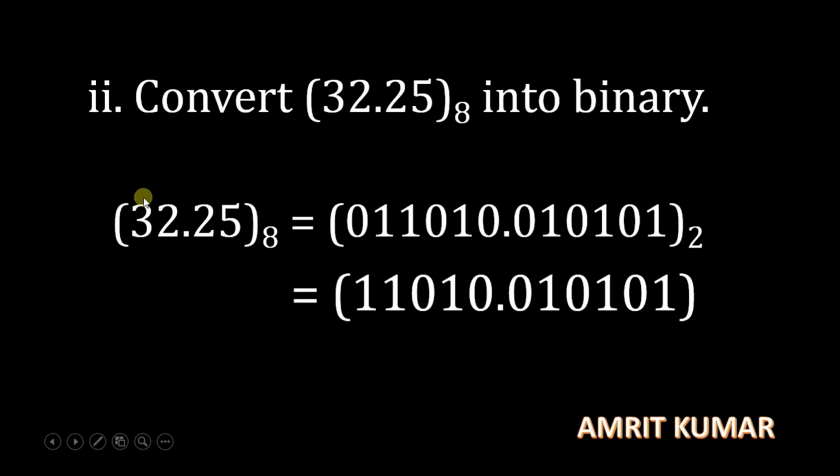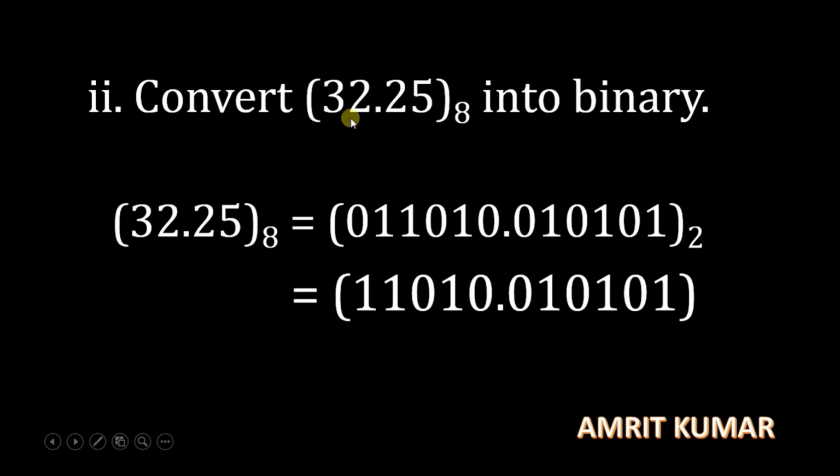And we know that a digit in an octal number must use 3 bits. Because this 2 is also a digit, we have represented it in 3 bits.